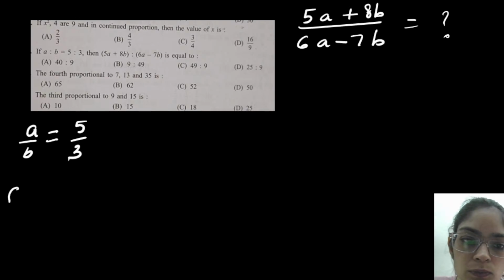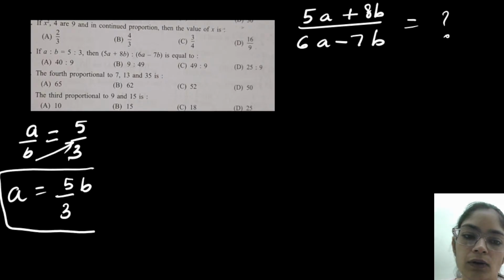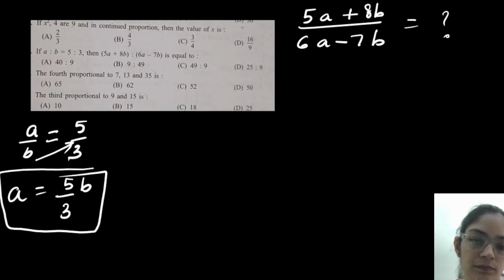So substitution means what? If I shift B to the other side, I'll get the value of A as 5 by 3B. So I'll be getting the value of A as 5 by 3B. This thing we can substitute here. Yes, substitution we can do because it's an MCQ, or else we have to follow the full process.